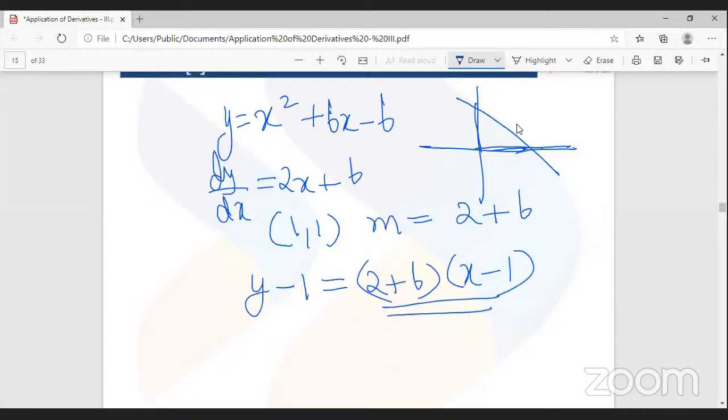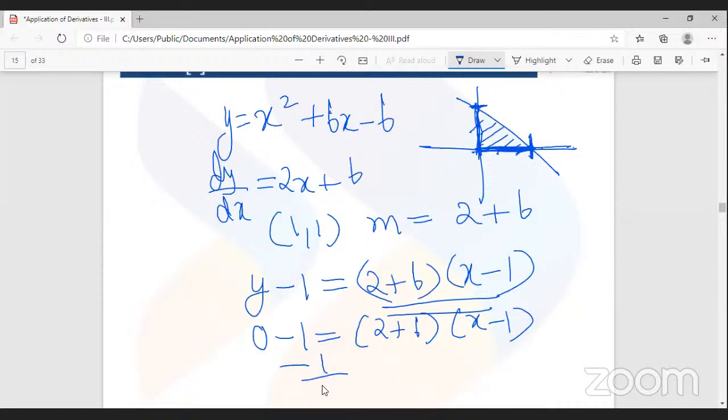Now what? I have to find the area of this triangle. So this is the height, and this is the base. If I get these coordinates, then I can find the area of this triangle by doing half into base into height. Now to find the x coordinate, I'll put y equal to 0. So I get 0 minus 1 equal to (2 plus b) into (x minus 1).